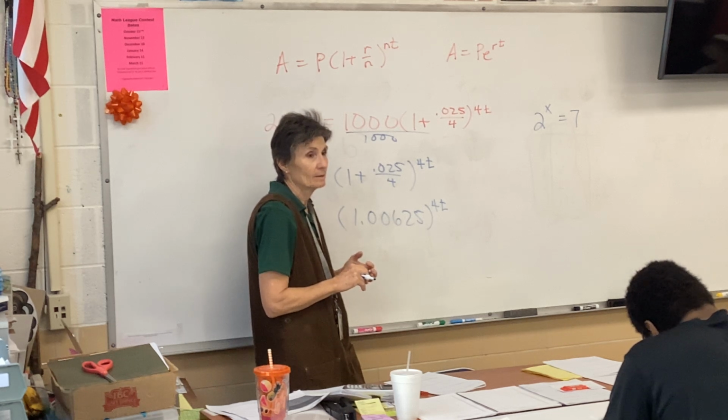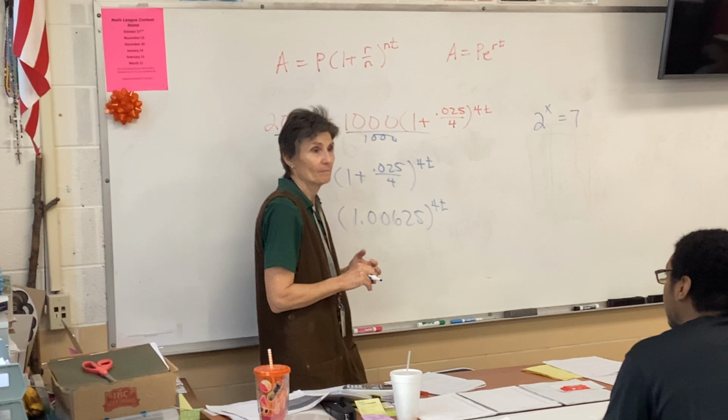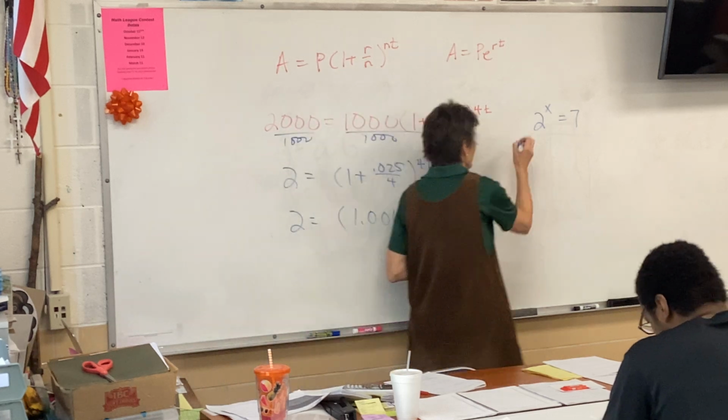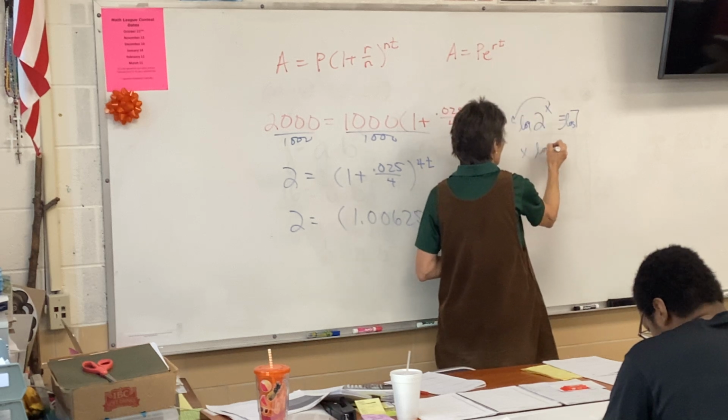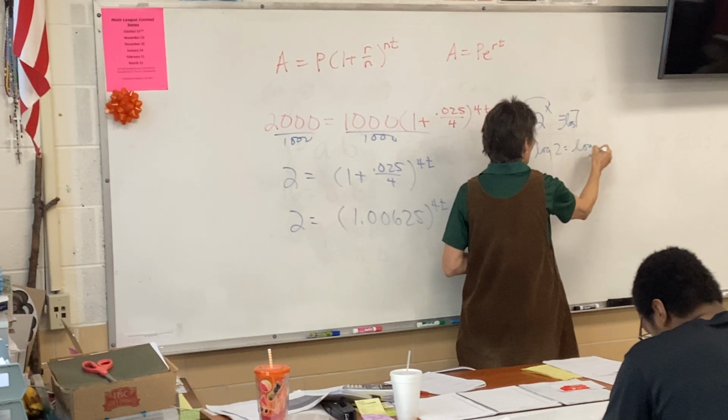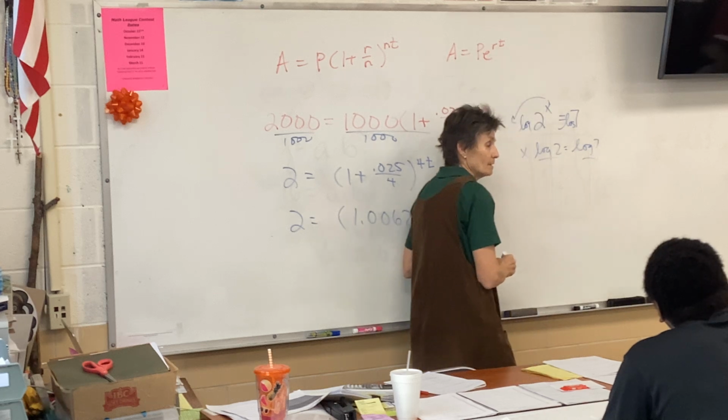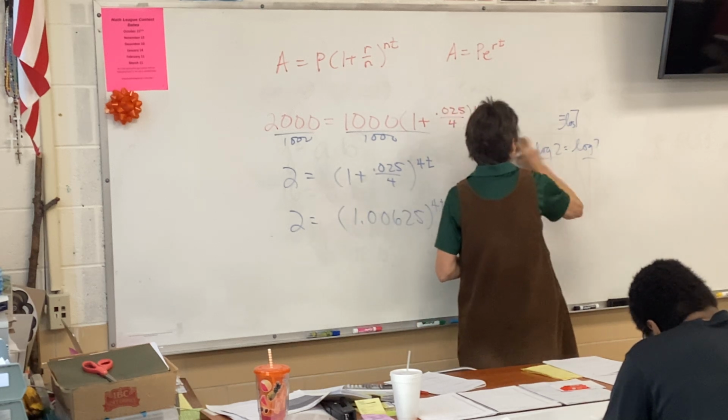We took the logarithm of both sides. Remember that? We logged both sides, and then we pulled the x off out in front, and then we divided. Yep. Okay, so that's exactly what we're going to do now.